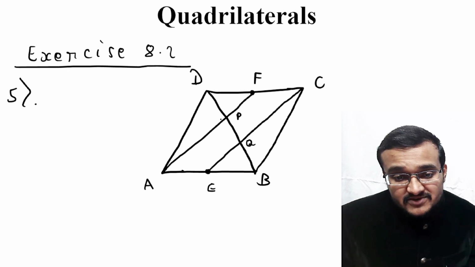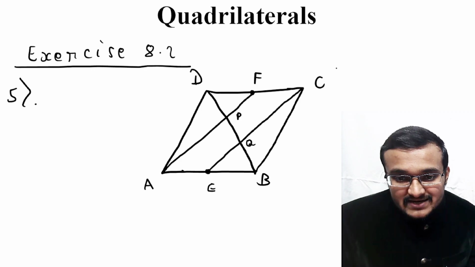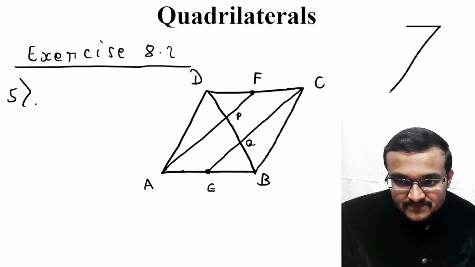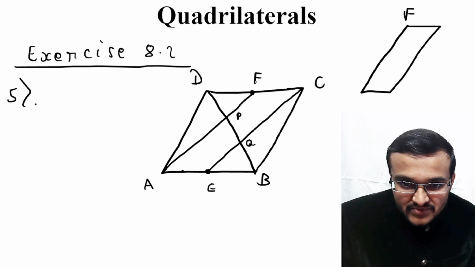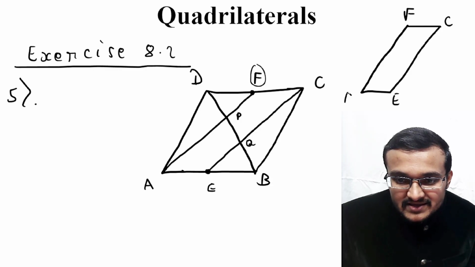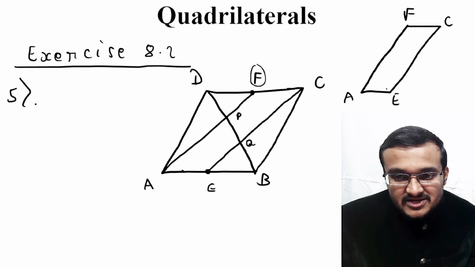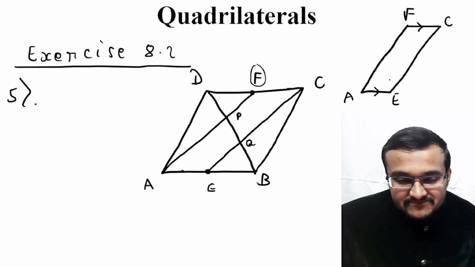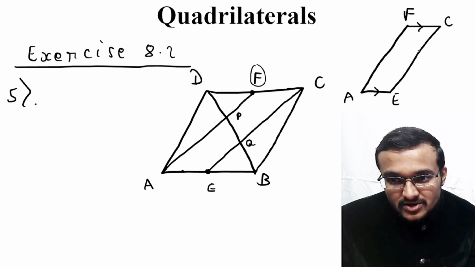In order to prove this, first we'll consider the quadrilateral which is there inside. I'll write that quadrilateral like this. So we have one quadrilateral, with F, C, E, A. In this quadrilateral, AE is parallel to FC, and we don't know whether AF is parallel to EC or not.